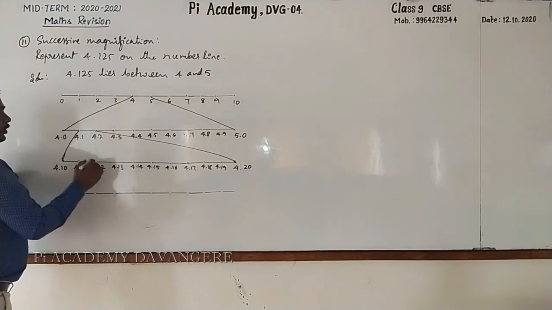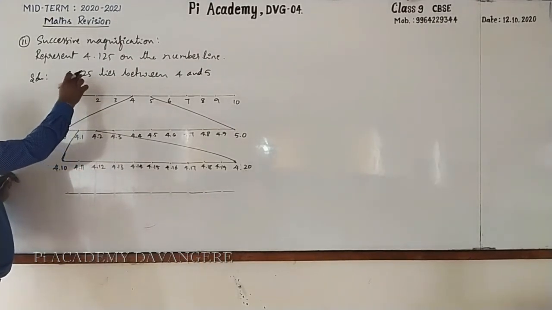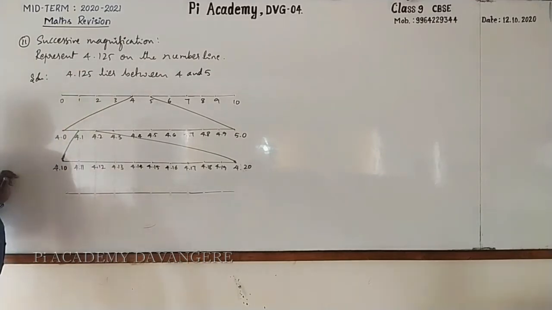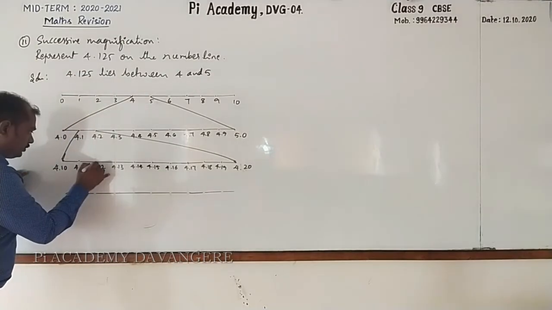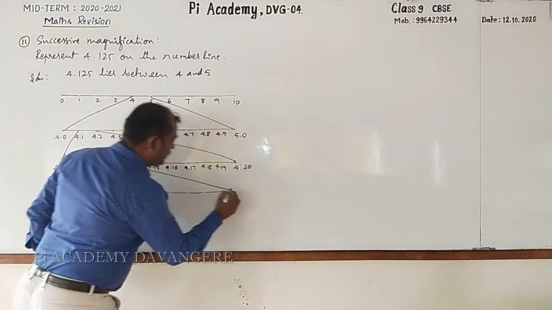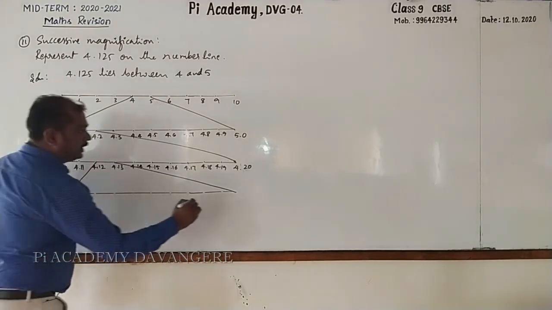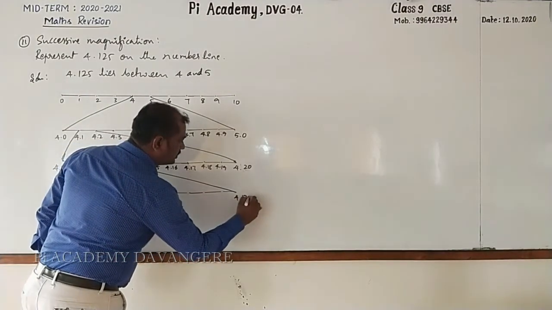See, it lies between 4.12 and 4.13, more than 12 and less than 13. We can write 4.120 and this is 4.130.